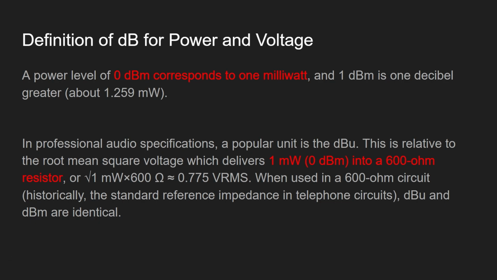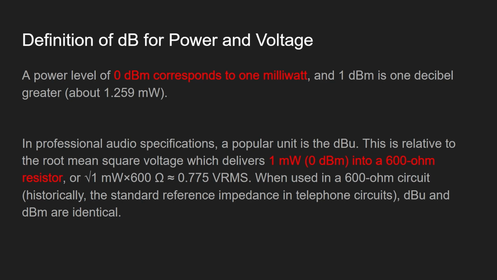Why do we have this weird definition? Because we used decibels in the telephone line in the past, and the telephone line had a 600 ohm impedance.